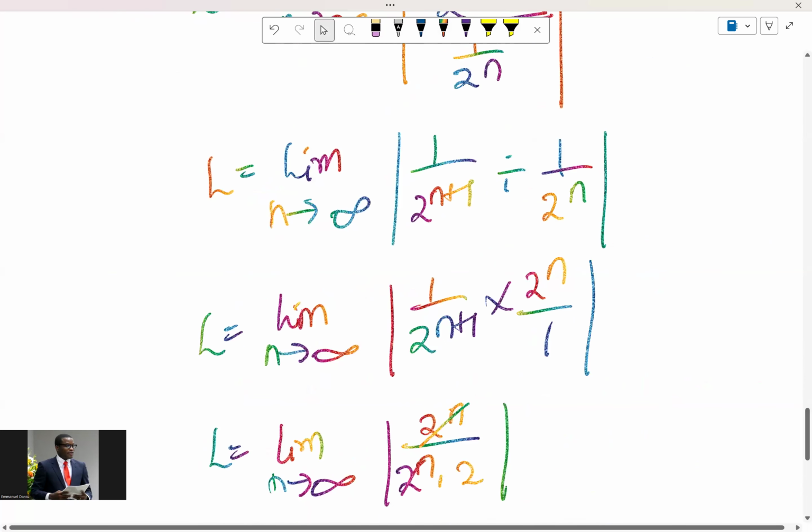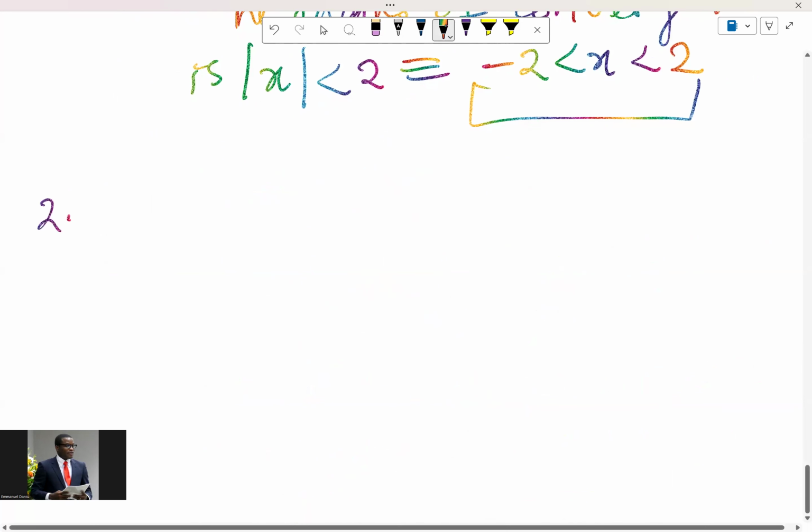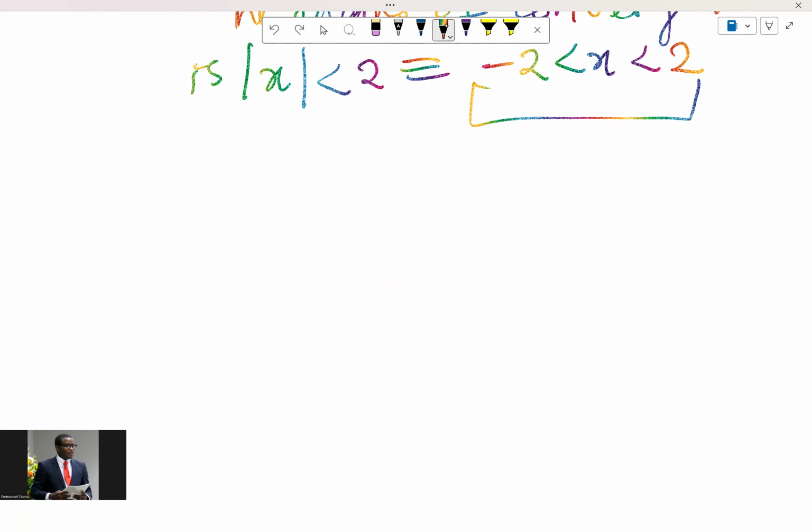Then for the root test. So using the root test now, I think this is the point where I change the markers.